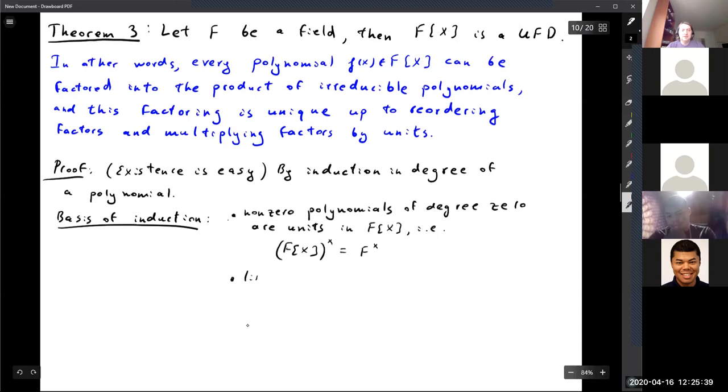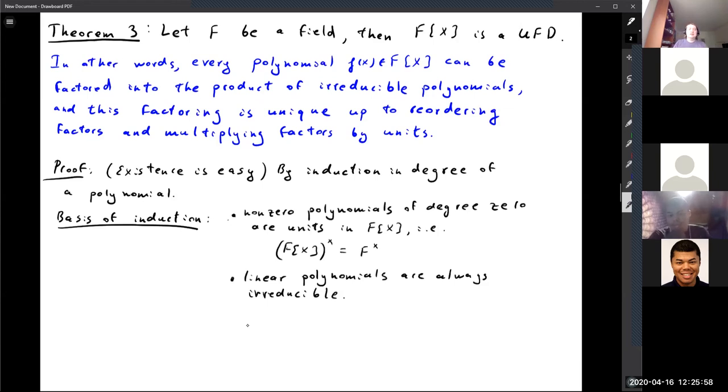Now, linear polynomials are always irreducible, right? So hence they also can be factored into the product of irreducible polynomials, meaning itself.